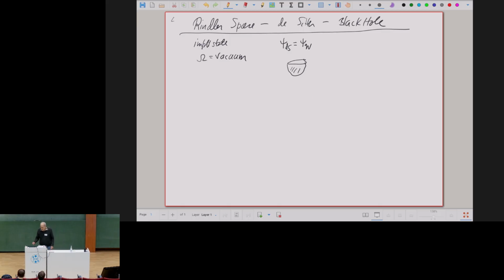However, once we did have this, the formal arguments to get the same picture in de Sitter space as in Rindler space are the same. I might have gone through them a little bit too fast yesterday, and you may or may not have reviewed it in my lecture notes as I suggested you do. But in any case, they're the same arguments as in Rindler space.